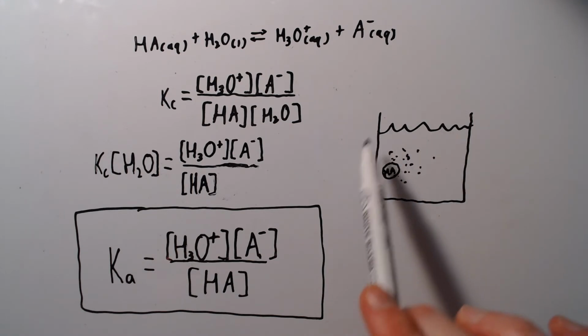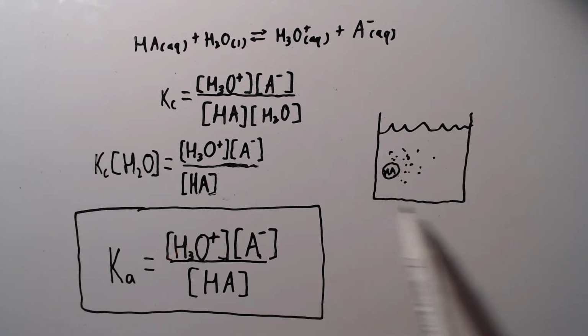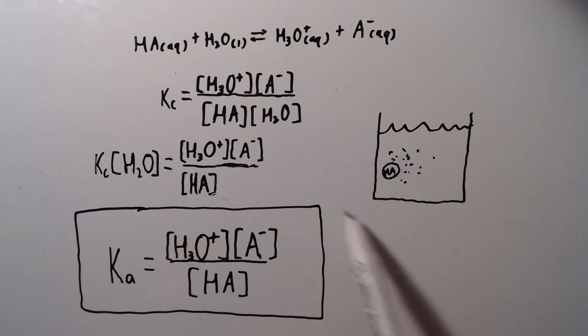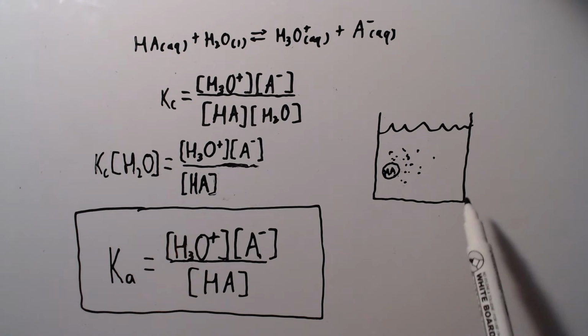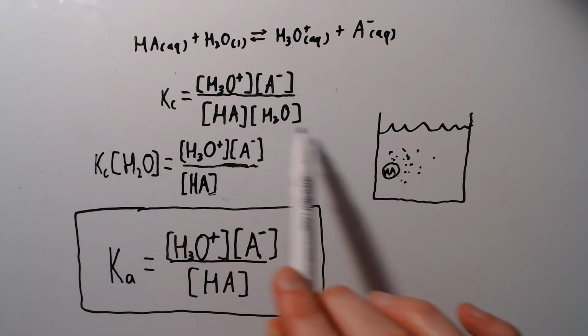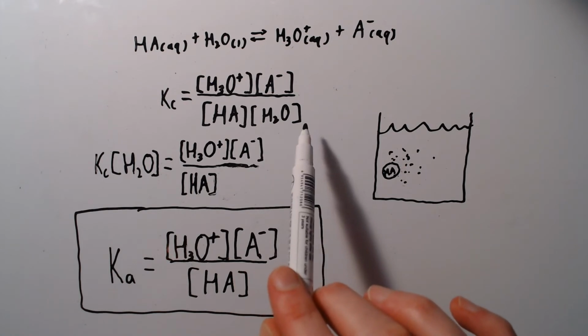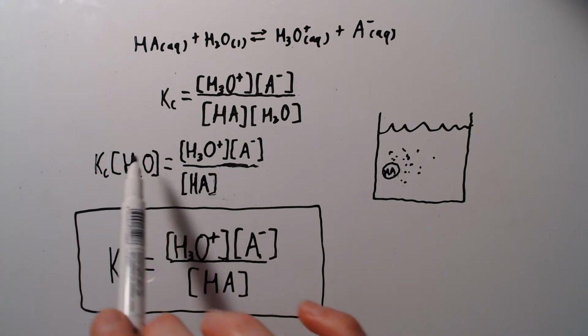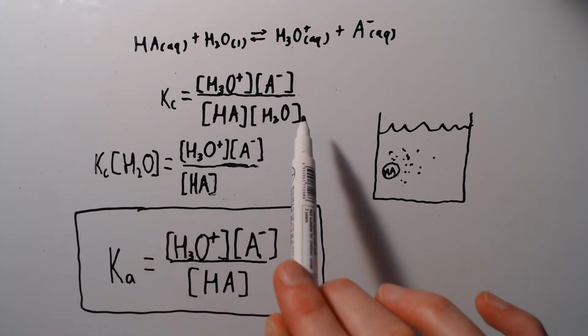Therefore, since the change in the concentration of the water is so ridiculously small relative to the total amount of the water already present, we can multiply this concentration of the water by the Kc right here. Why can we do this?